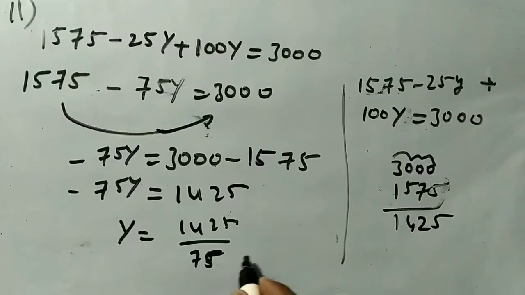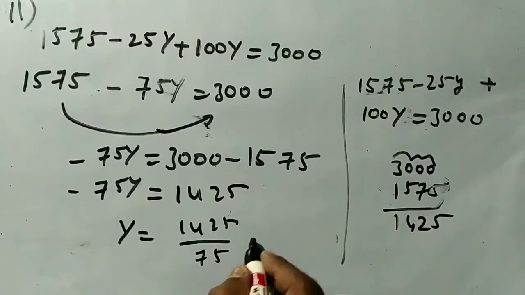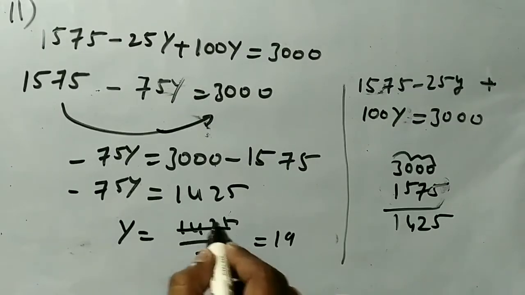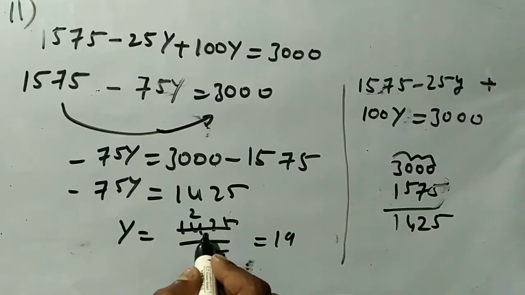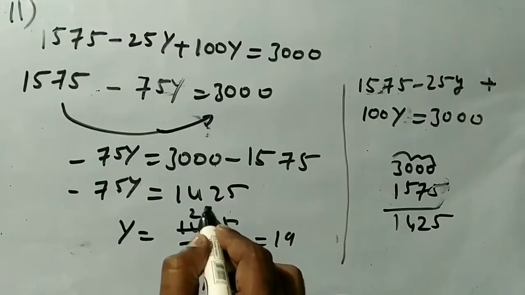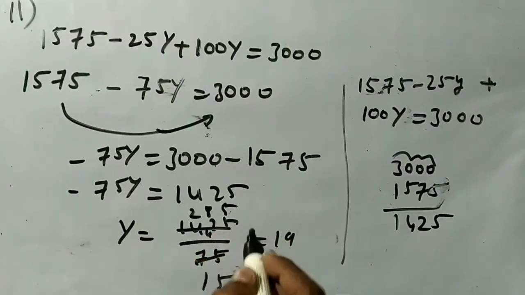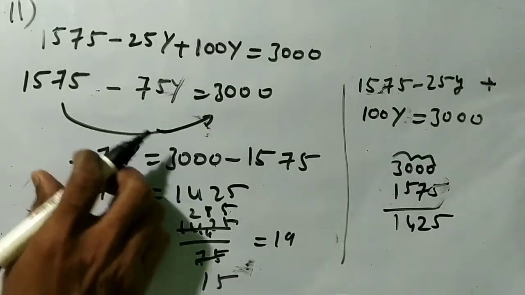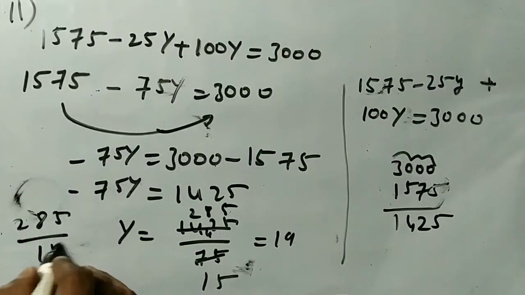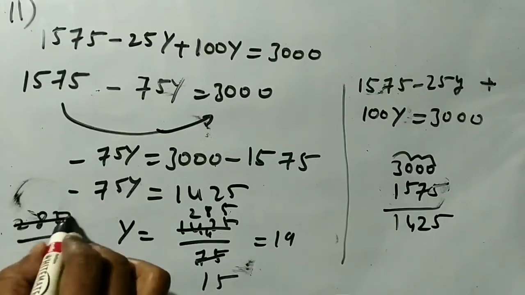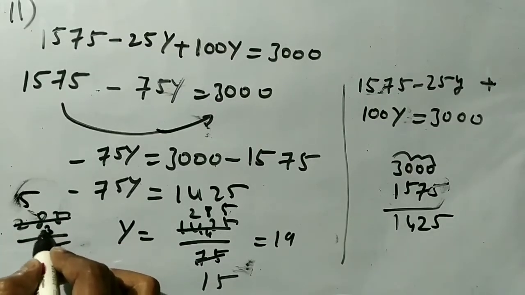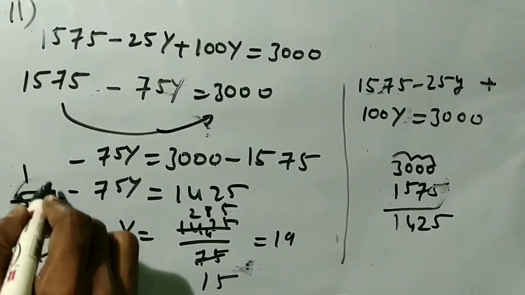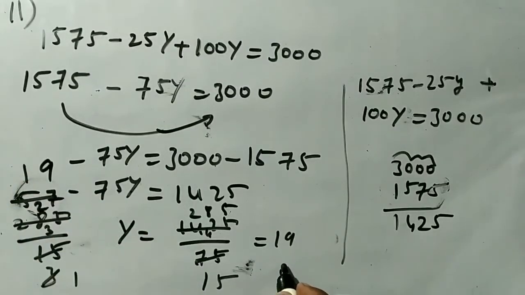If we do this calculation, we get 19. Dividing both by 5, we get 285 by 15, and again dividing, 5 threes are 15, so we get 57 by 3, that is 19. So here we get 19.